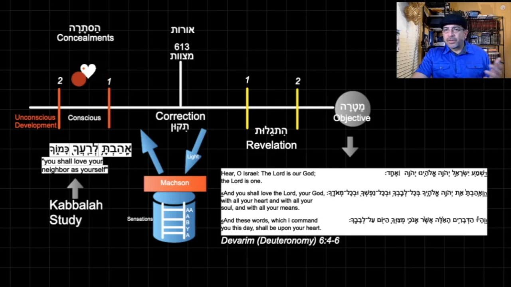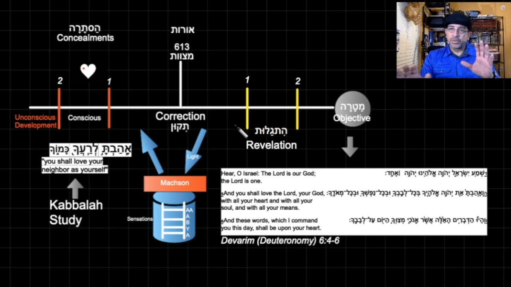The only way to get out of concealment and start correcting our desires is if we love our fellow human beings as ourselves, right? And we start learning about doing that, and how we do it, through the study of Kabbalah. And when we start doing our corrections, we will receive the light of Chokmah through the light of Hasidim.